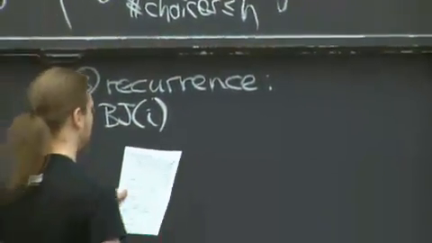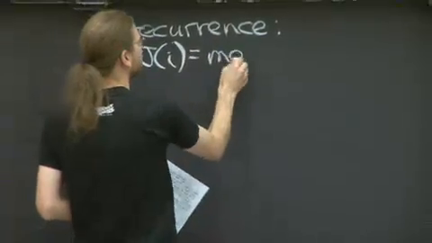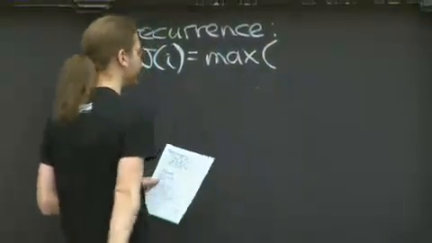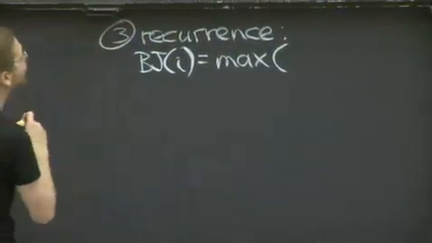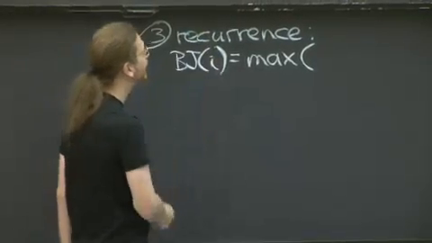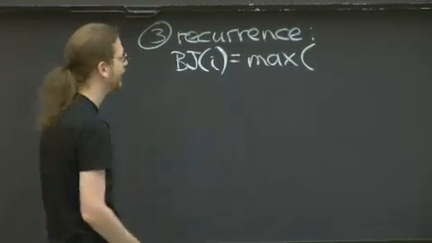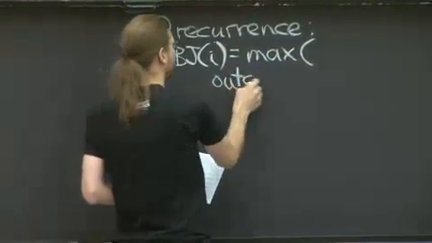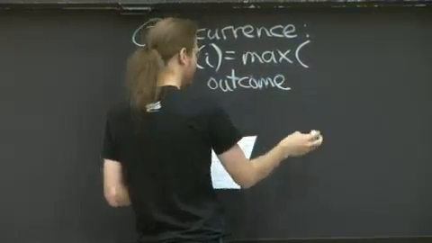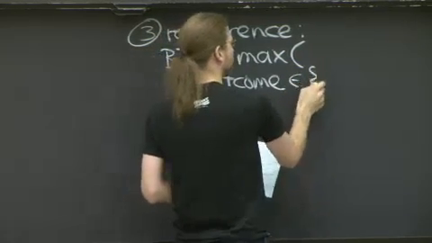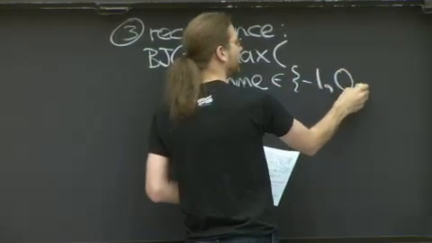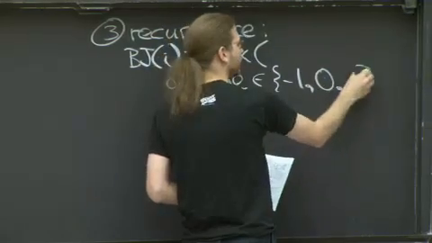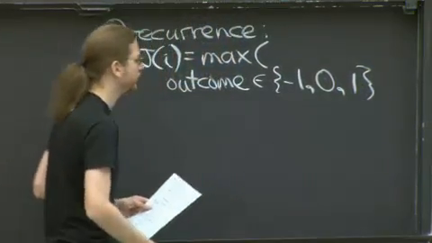And I guess it's going to be a max if I'm measuring winnings. And what's the winnings if I decide to hit this many times? It's a little bit hard to write down the exact formula. I'm going to write a rough version, which is the outcome of that first play. It's going to be either I lose $1, we tie, or I win $1.